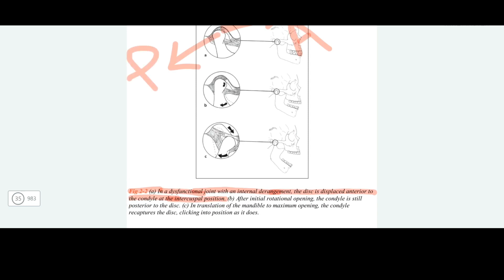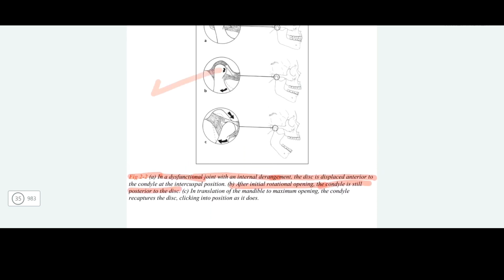That is not normal, because we said before the condyle in a normal position should be correlated with the articular disc. Okay, here it is not in a natural position.